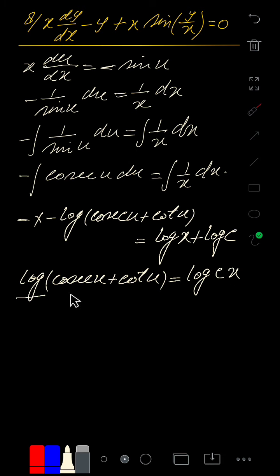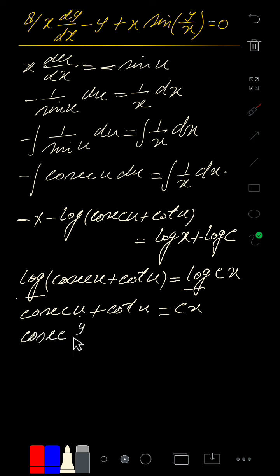Now eliminating log from both sides, we have cosec u plus cot u is equal to cx. Now as from equation number 2, u is equal to y upon x, so replacing u by y upon x, we have cosec y upon x plus cot y upon x is equal to cx.